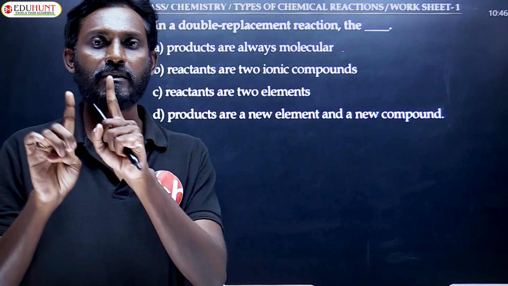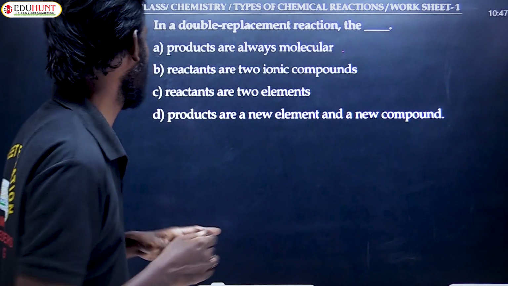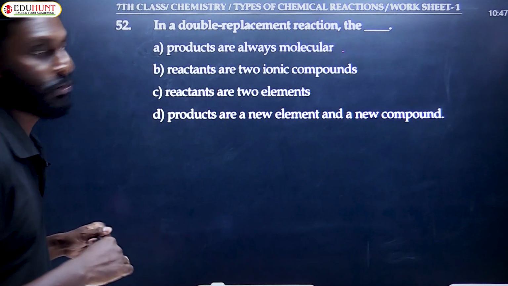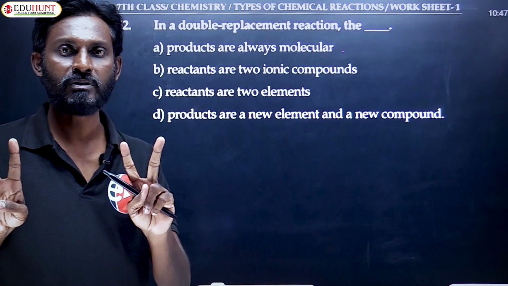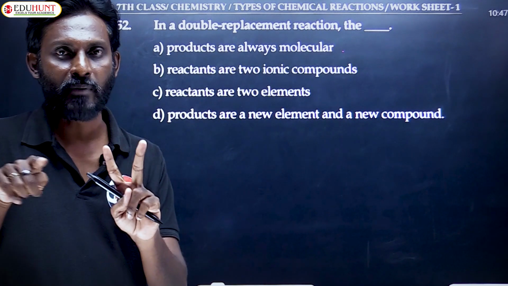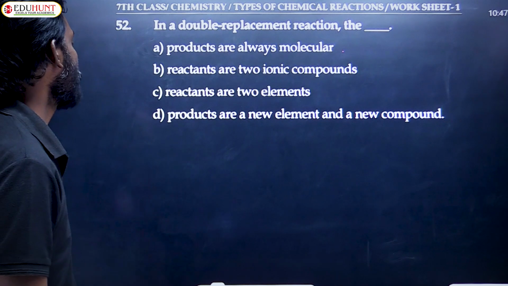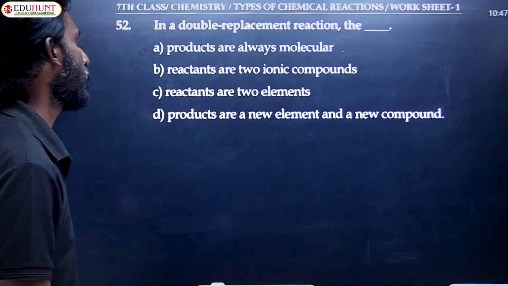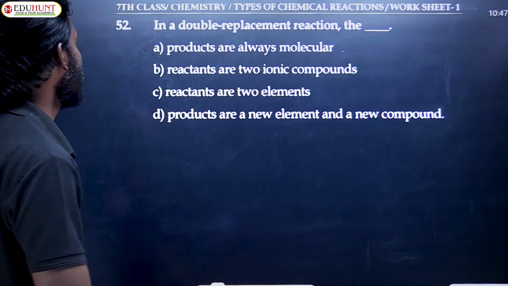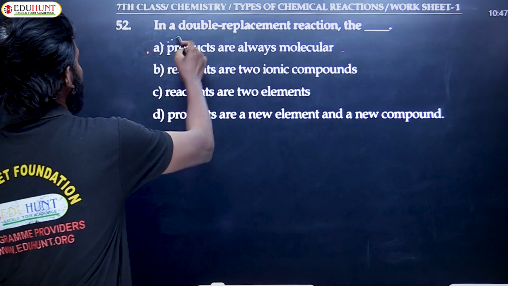Only the two counterparts have to be interchanged. Two compounds interchange their counterparts to give two new compounds. The products are not a new element. No element in the products. So the best option is products are always molecular.